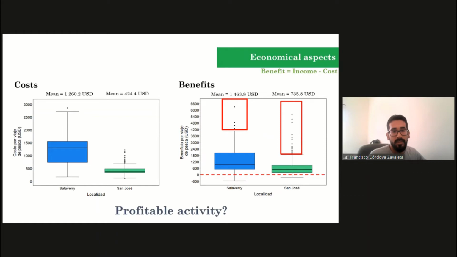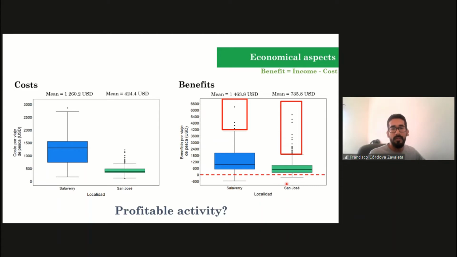So there is a question here: is this a profitable activity? And finally, as I was saying, look here that Salaberry has more benefits than San Jose, but the catch per unit of effort was higher in the case of San Jose.